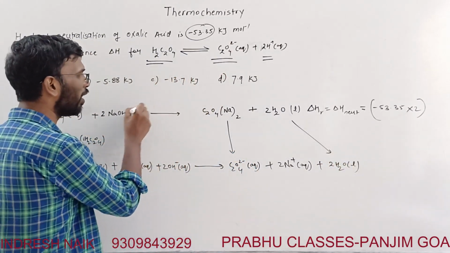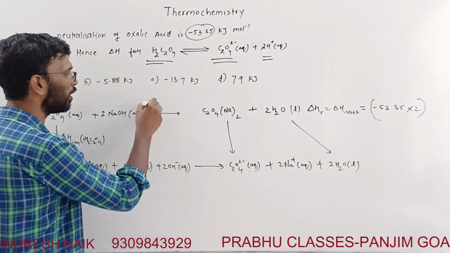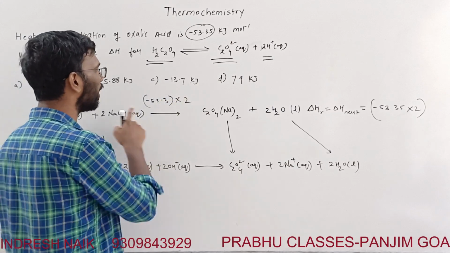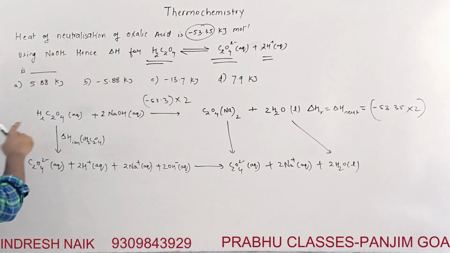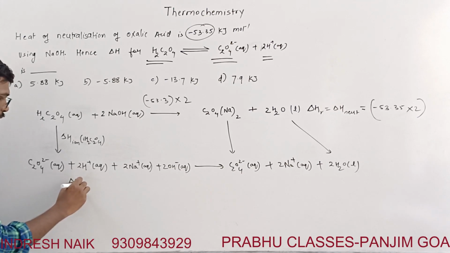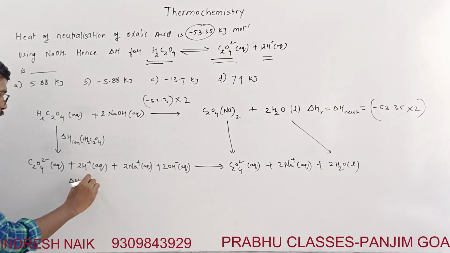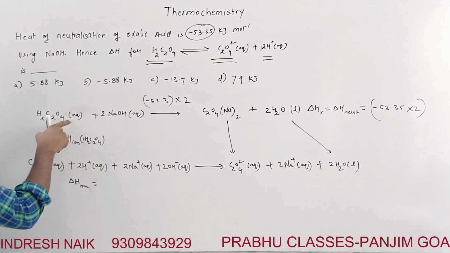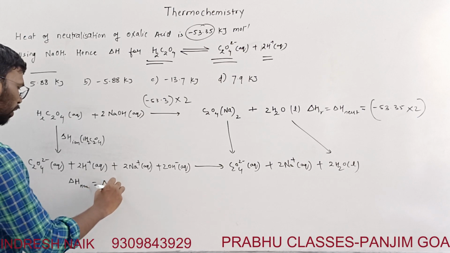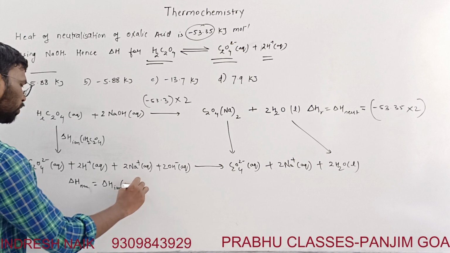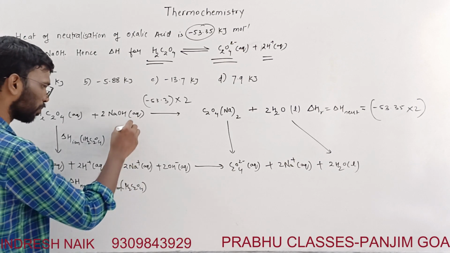Now what is this value from here to here? It is minus 53.3 multiplied by 2. This is the enthalpy of neutralization for this. So we'll form an equation over here. Minus enthalpy of neutralization is equal to delta H ionization of H2C2O4.